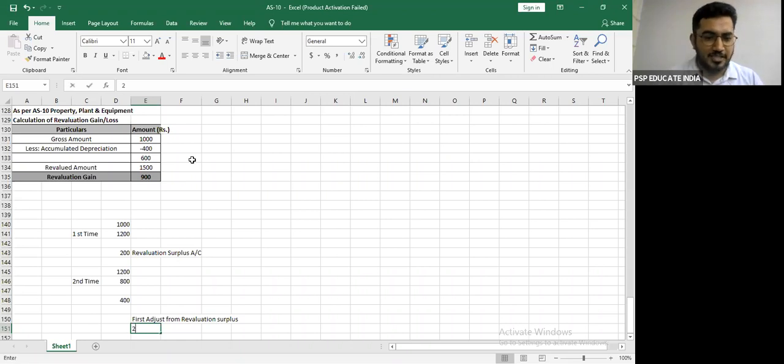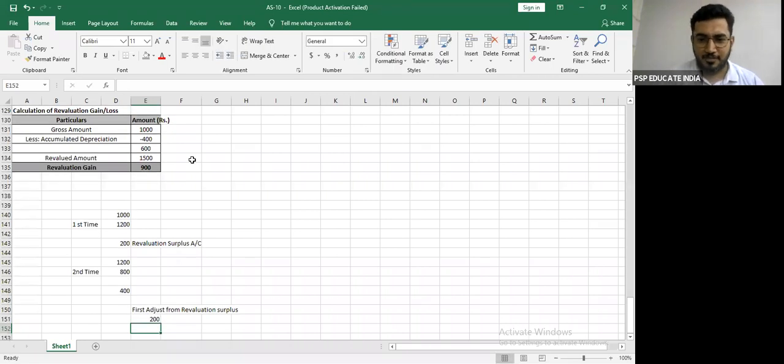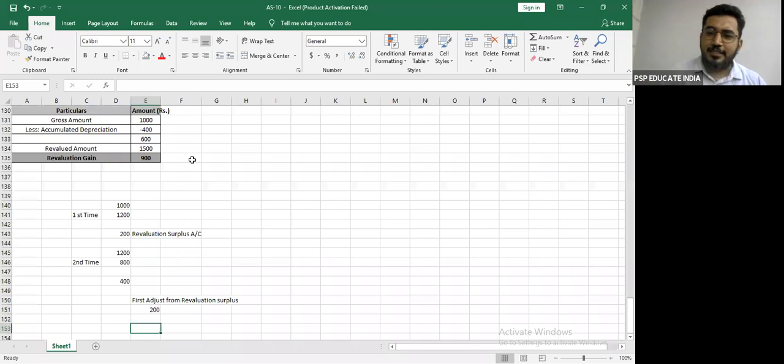So we'll first adjust 200 from revaluation surplus. अभी भी और कितना एडजस्ट करना है? Everyone on the chat box, 200 एडजस्ट करने के बाद और कितना एडजस्ट करना है? How much more do you have to adjust after adjusting 200 from revaluation surplus?